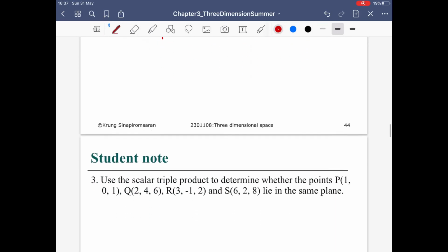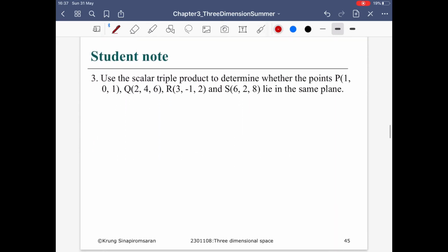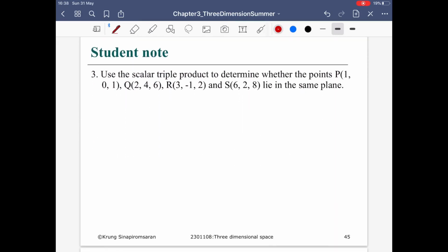So next we are going to use again the scalar triple product to determine whether these 4 points lie on the same plane.